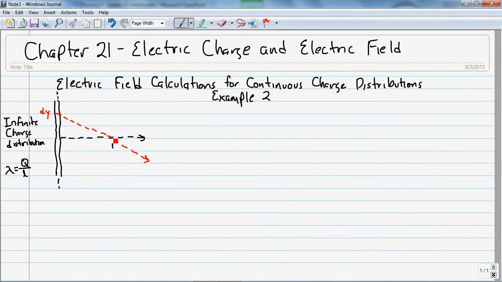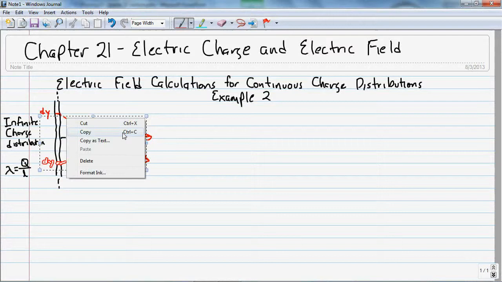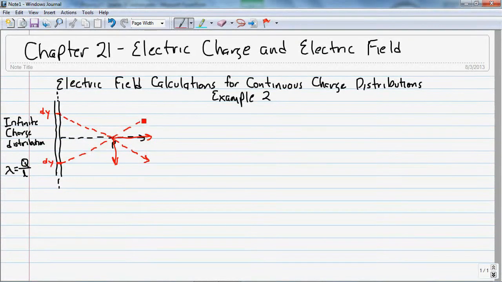You'll notice that I have an x component and a y component. Then I'm going to take the corresponding differential y, dy, and draw a vector. And again, I have an x component and a y component.